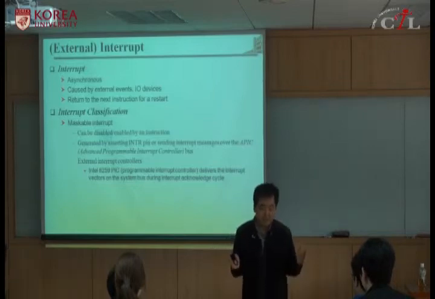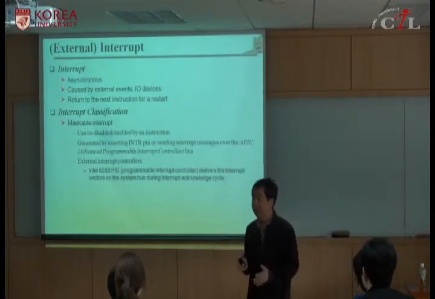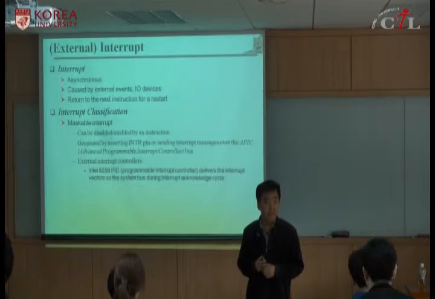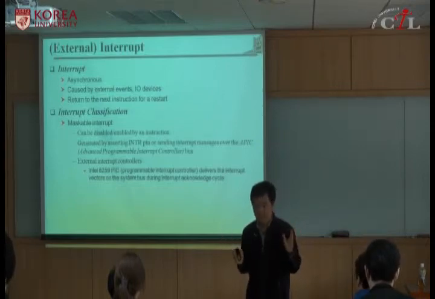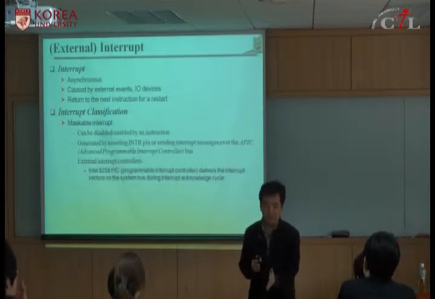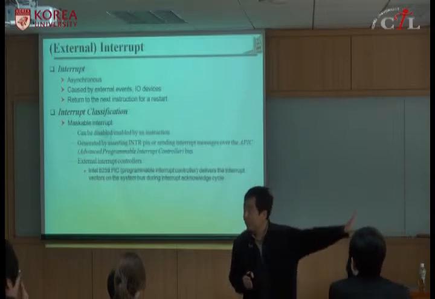So every cycle there can be an interrupt, trap, and fault. Okay? And it's somewhat complicated. So what is the interrupt point? Interrupt point is in the middle. So trap should be completed, right?